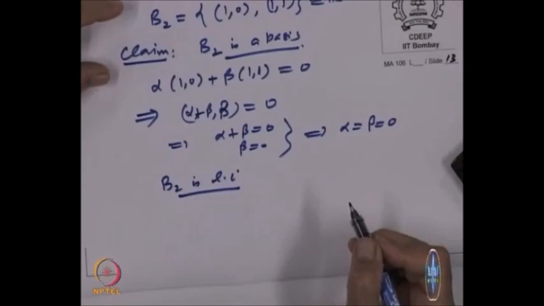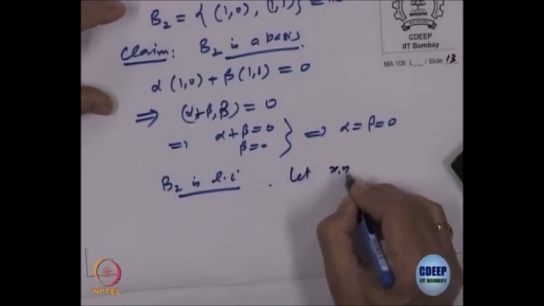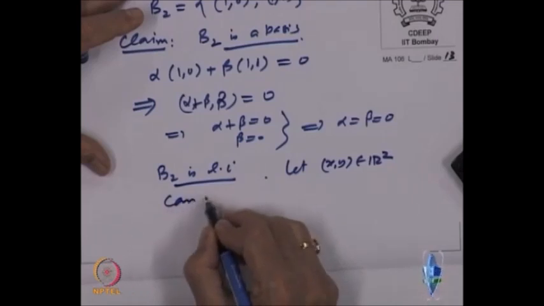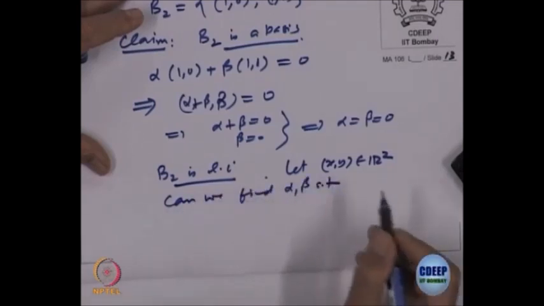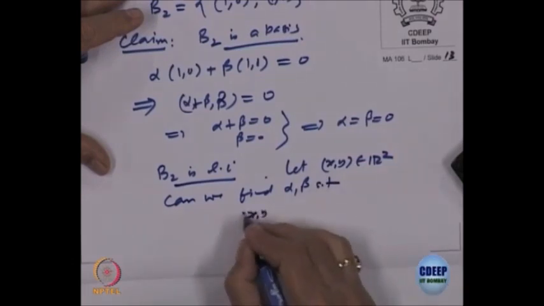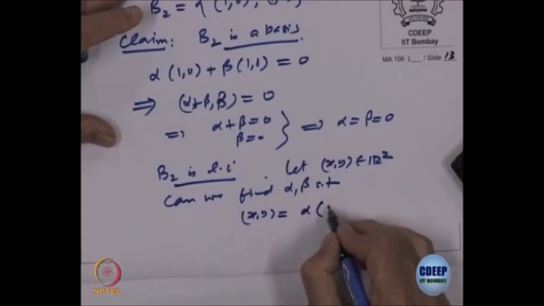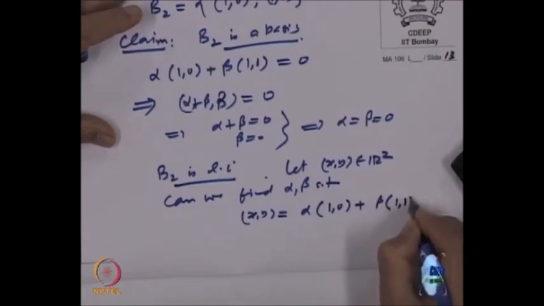Next, what should I check? If I want to show it is a basis, either I should show it is maximal or it generates. Let (x, y) belong to R2. Can I find alpha, beta such that (x, y) is equal to alpha times (1, 0) plus beta times (1, 1)?